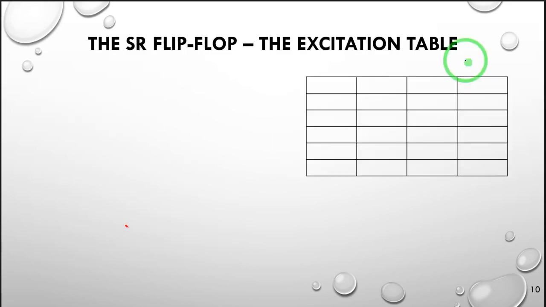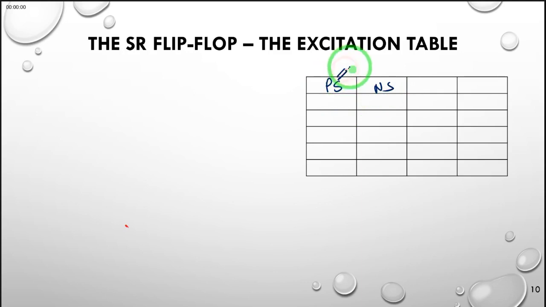We now talk about the excitation table of the SR flip-flop, and this is achieved the same way we were able to do the excitation table of the gates. We ask ourselves what are the required inputs if the present state changes from the current state to the next state.